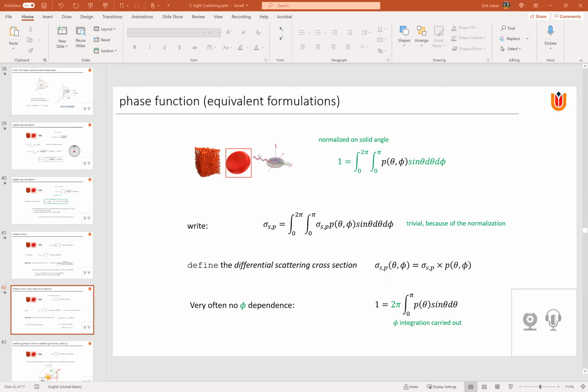define a new quantity called the differential scattering cross section that finally separates the strength of the scattering in a quantity here. So we have a quantity, the differential scattering cross section, that defines both the strength of scattering and the angular dependence, and that is a product of the total strength of scattering and the redirectional parameters.